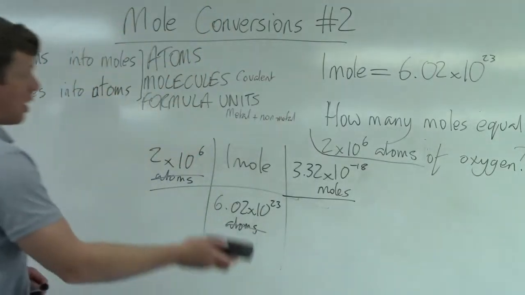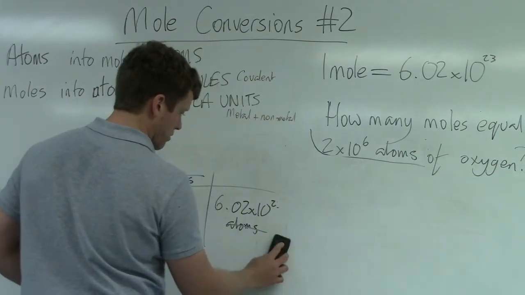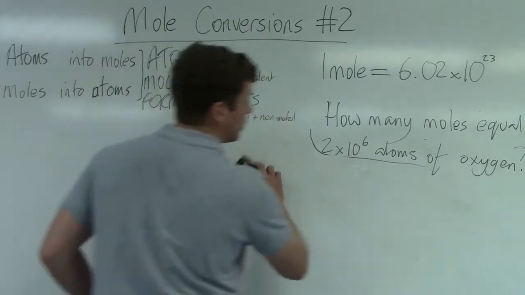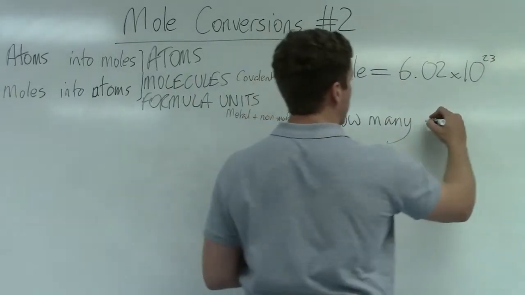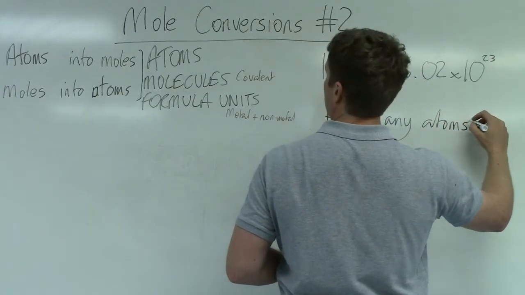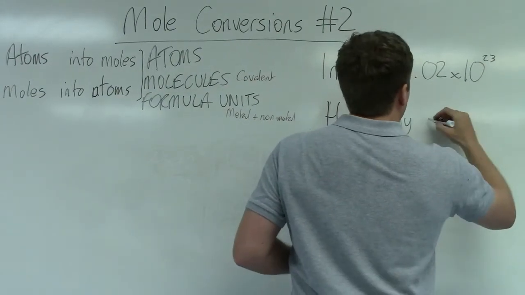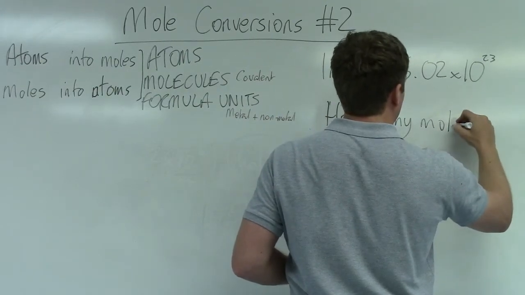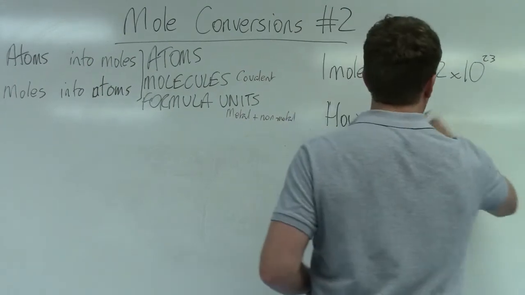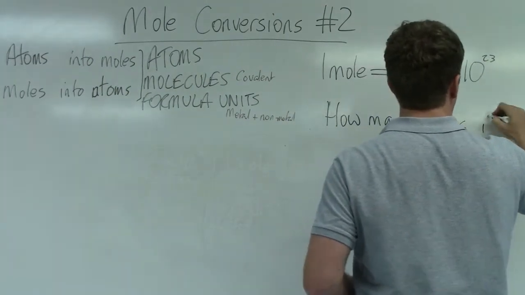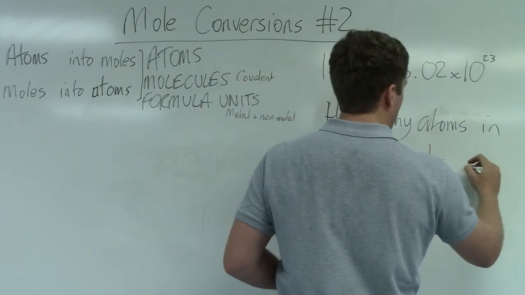Okay, so now we'll look at the opposite way around. We're going to look at moles into atoms. Very, very similar process. I'm erasing that really when I don't need to, but never mind. So this time we're going to have how many atoms in 100 moles of oxygen?